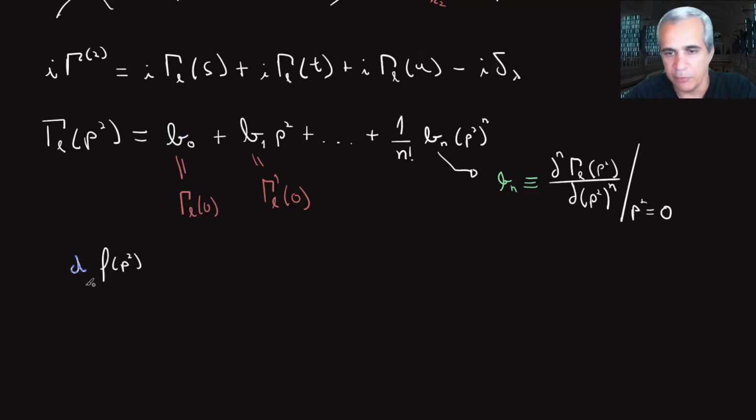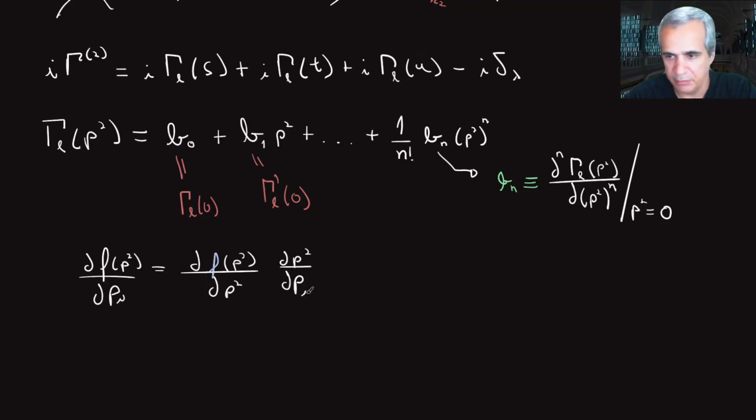You can write the partial derivative in p mu as the derivative of f of p squared with respect to p squared, times the derivative of p squared with respect to p mu, which then is 2p mu up here, times del f of p squared over del p squared.